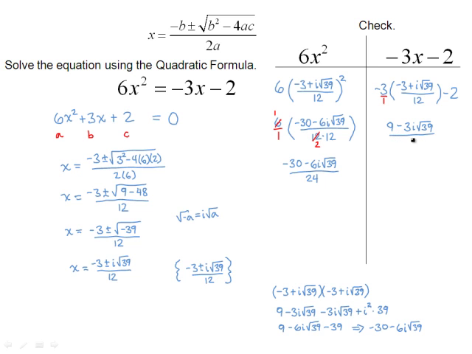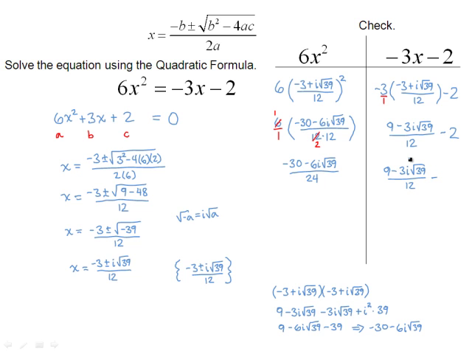And all of this is over 12, minus 2. So we need a common denominator. The common denominator in this case would be 12. So we would have 9 minus 3i root 39 divided by 12.